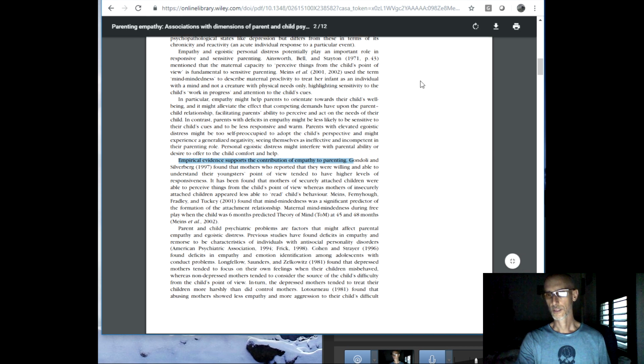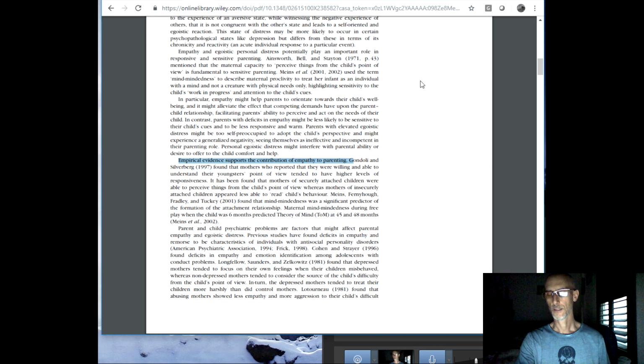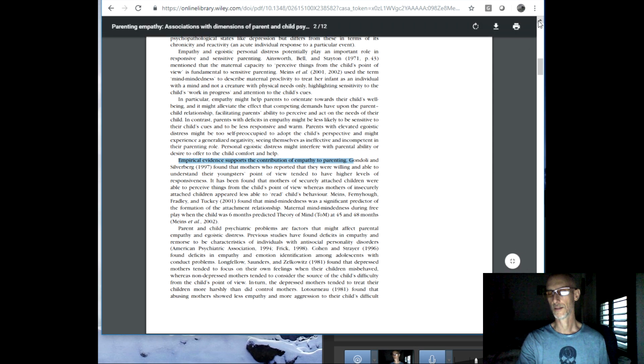Empirical evidence supports the contribution of empathy to parenting. So this goes into studies that looked at the effects of various psychological disorders. We touched on this, and I didn't know where to start.